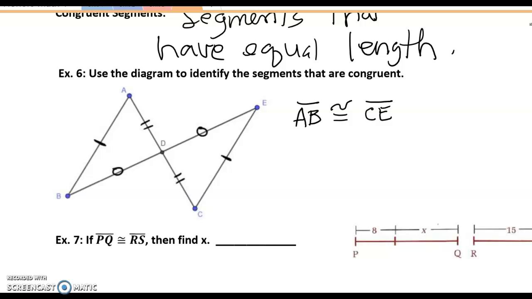Can we see similar markings on AD and CD? So those tick marks tell you that those two segments are congruent. So we're going to write a statement of congruency for those two segments. Segment AD is congruent to segment CD.